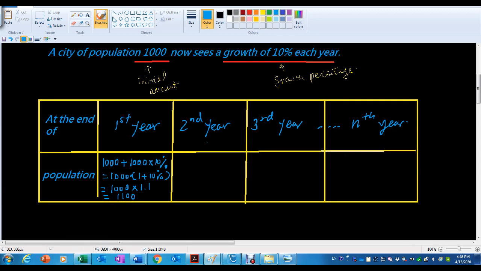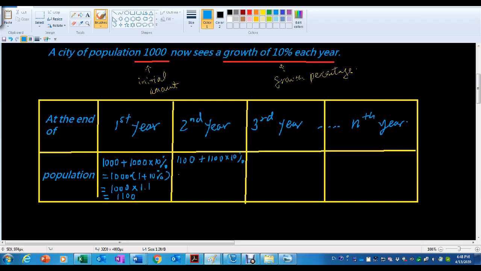How about at the end of the second year? Remember that at the end of the second year, you need to use the population at the end of the first year. So you use 1,100 as the population at the start of the second year. We use the same formula and technique, except that we are now using 1,100.